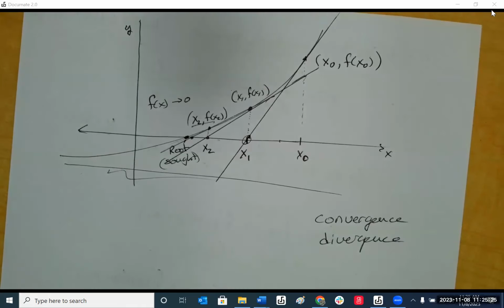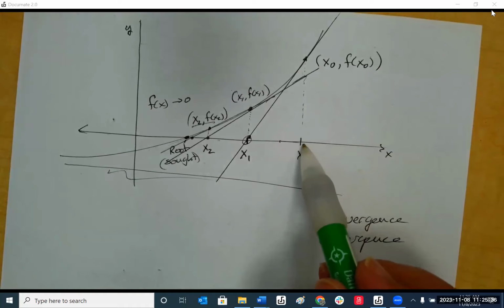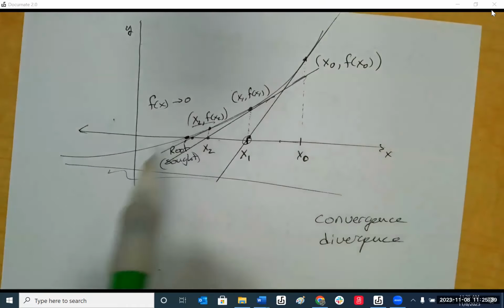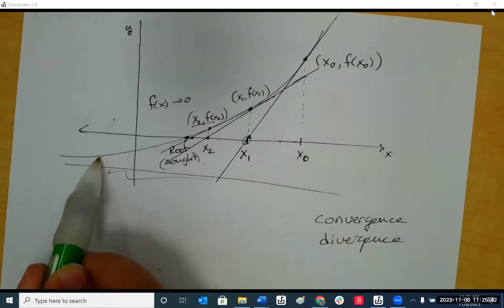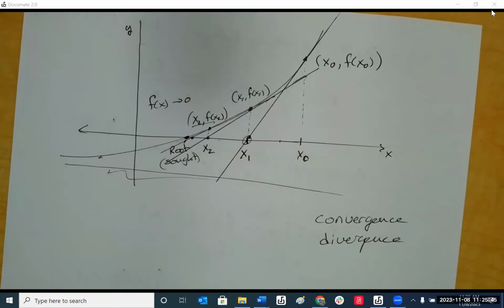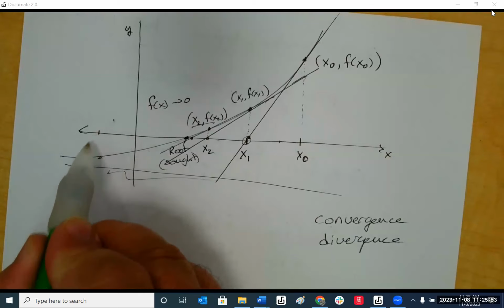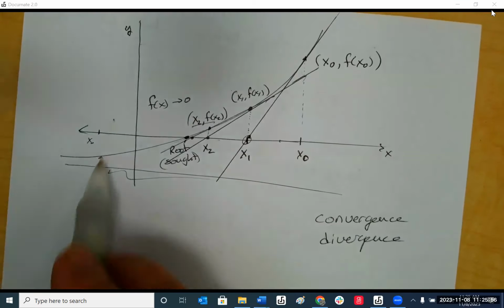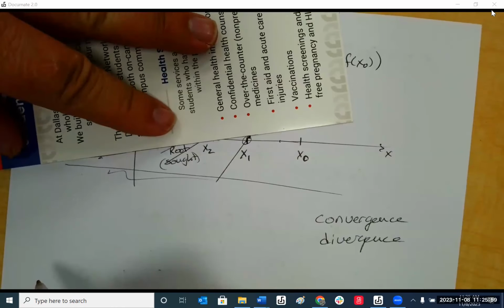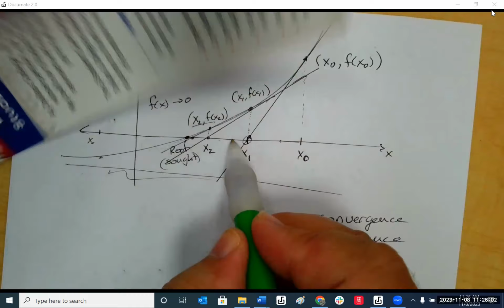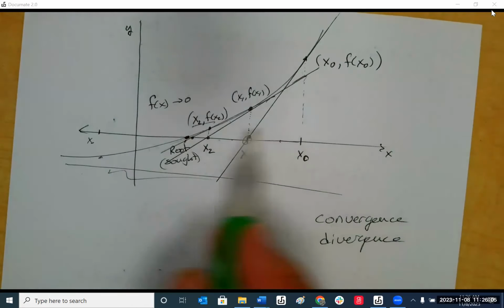Let me look for the first example. But that's what I'm saying, this is a very beautiful method. Whatever x value we start off with, even if we started off over here, it's self-correcting, because at that point it'll put an x value over here, and then we'll get back to where we're supposed to be.